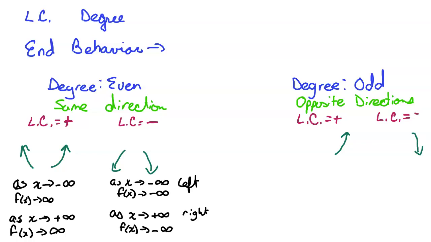And then I'm going in opposite directions. So that means the right side of my graph is going in the opposite direction from the left side of my graph. I'm sorry, my left side of my graph is going the opposite direction of my right side. So the sign here is always telling me what's happening on the right side of my graph.